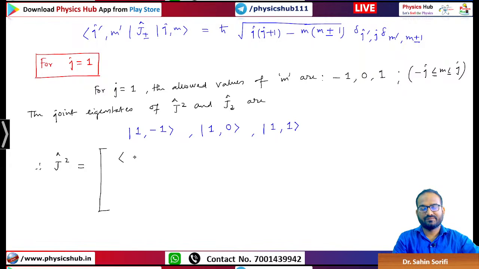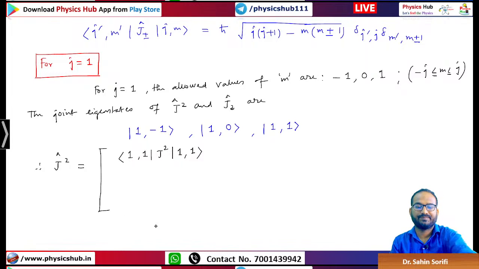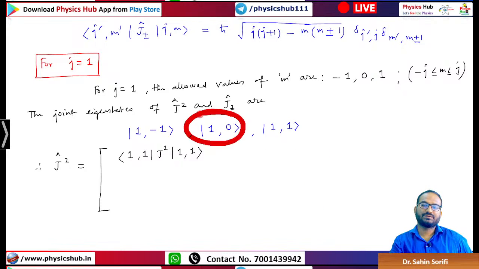So firstly, we'll start from here. ⟨1| J square |1⟩. You can imagine it in this way, the way we used to write the components: A11, A12, A13, A21, A22, A23, A31, A32, A33. Let's say this is 1, this is 2, this is 3.